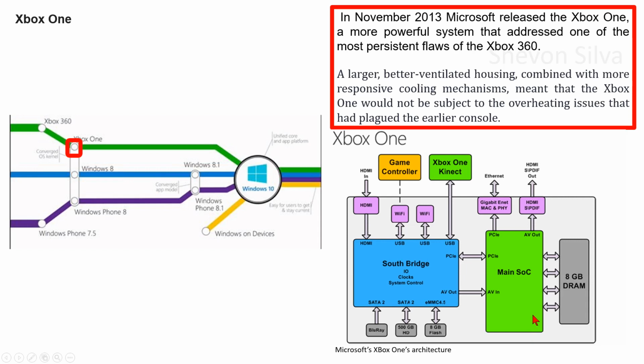Here you can see the main system on a chip, SoC. The SoC interacts with 8 GB DRAM.